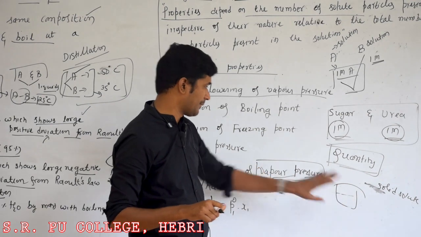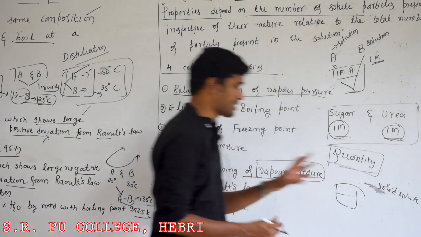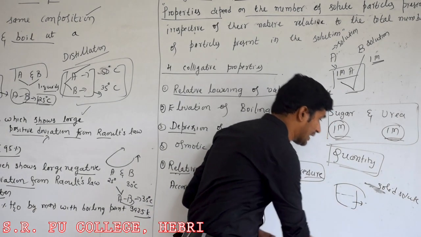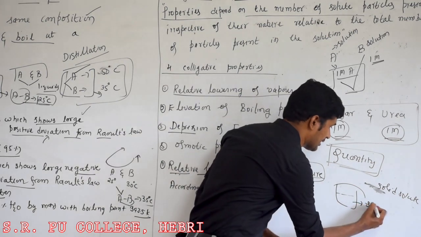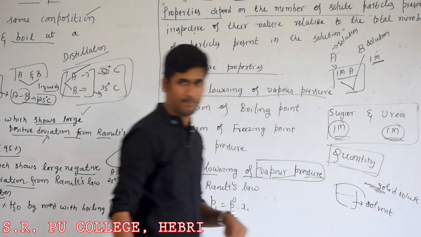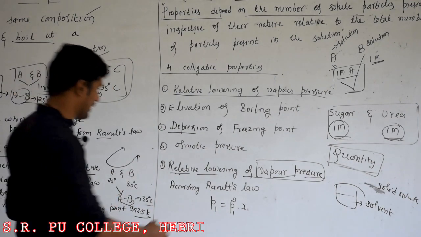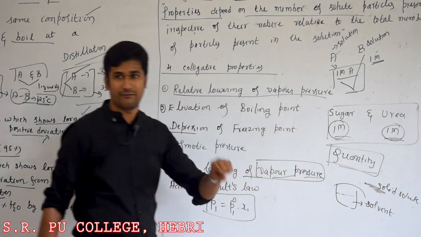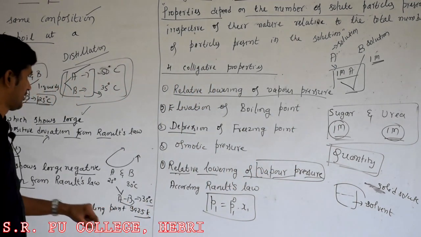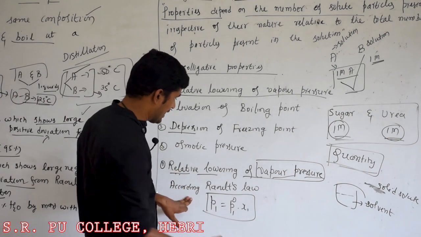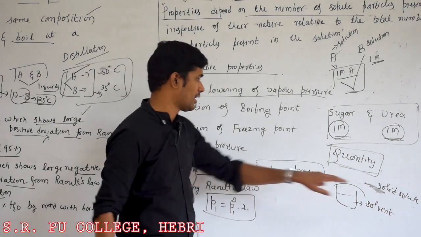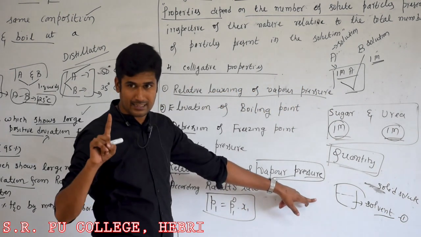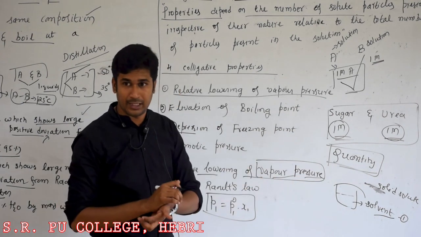You know that. That means the vapor pressure of such a solution only depends upon the mole fraction of the volatile component present in the solution, that is, the mole fraction of the solvent. You heard about Raoult's law. According to Raoult, for a solution of a solid in a liquid, we take the solvent as component 1 and the solute as component 2.